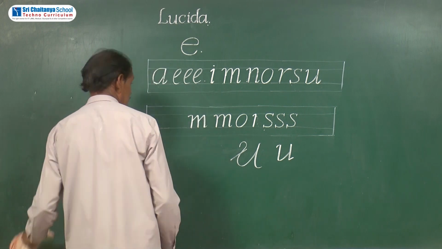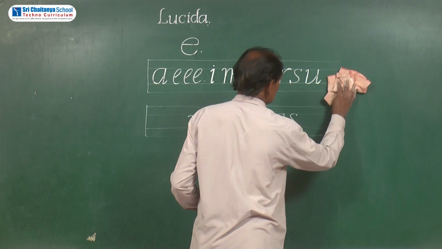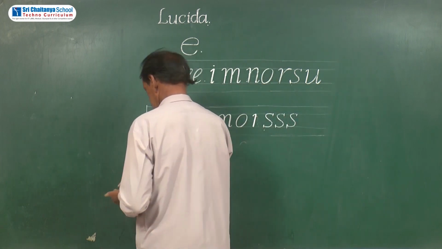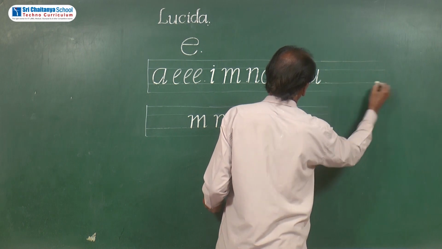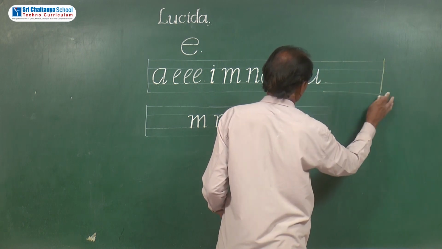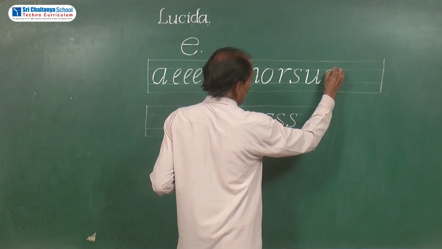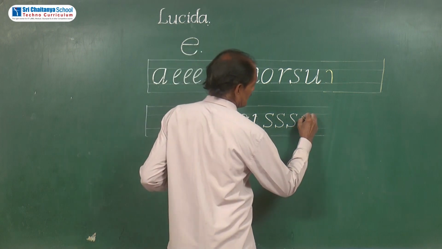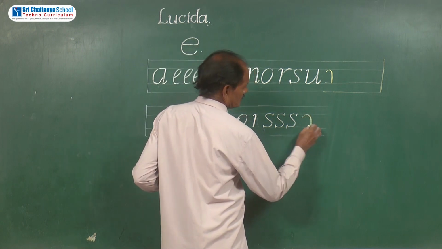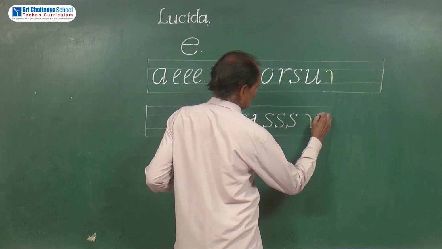V. It is a half oval, like this we have to write in a half oval, and the second stroke is an inner stroke, like this.